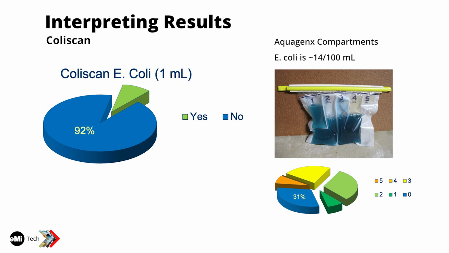Well, the Coliscan test is only a 1 milliliter test, which means we should only observe E. coli in 14% of those tests, if there's really 14 E. coli per 100 milliliters. So actually, these Coliscan E. coli tests are pretty consistent with that.